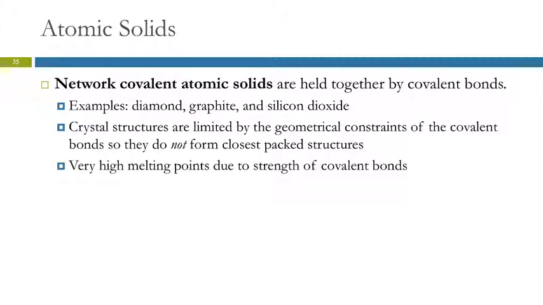So we see a lot of tetrahedral geometry here because things like carbon and silicon like to form 4 bonds, and so they have that tetrahedral shape. These have very high melting points because covalent bonds are very strong.